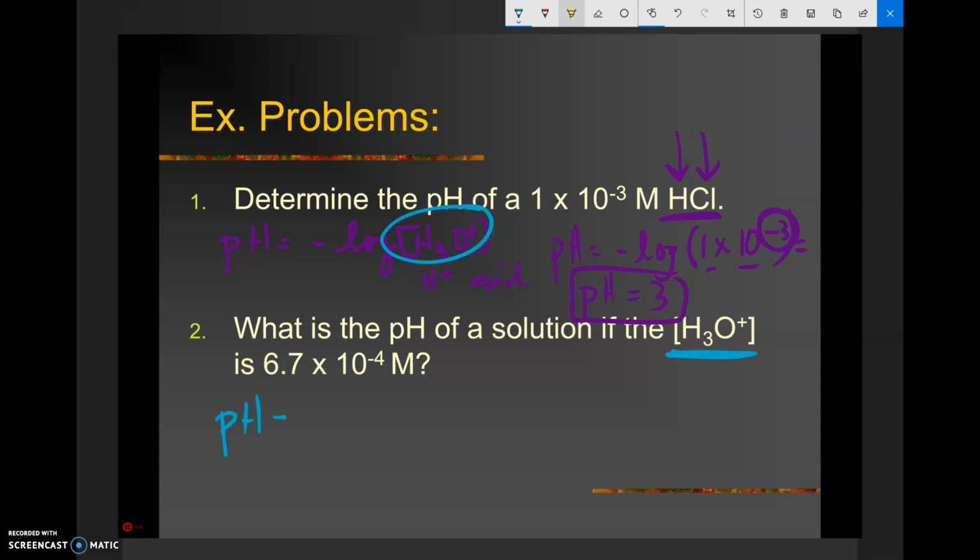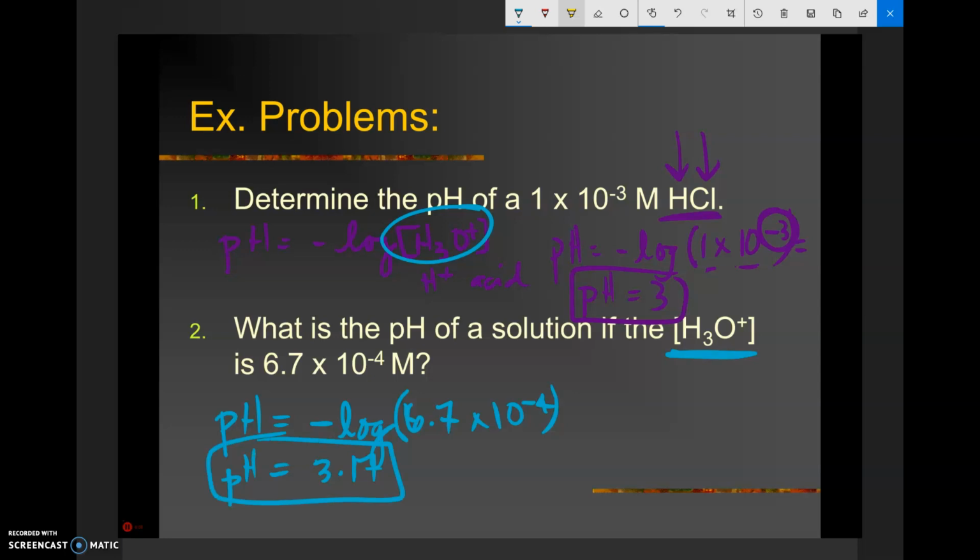So pH is going to equal negative log, and then you're going to put in 6.7 times 10 raised to the negative fourth. And that is going to equal 3.17. So the pH here is 3.17.